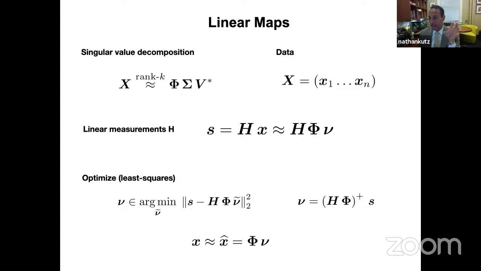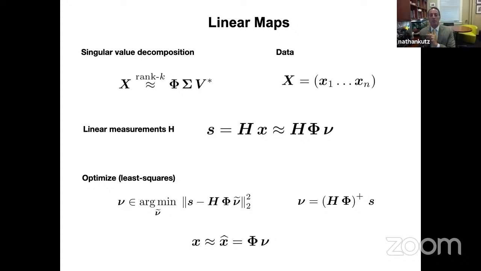So you can do a singular value decomposition of that data matrix, and there it is. It's right on the top left, phi sigma v star. So phi itself are the dominant spatial features of the data. Okay. And so what I would like to do is use those as a way to start placing sensors.